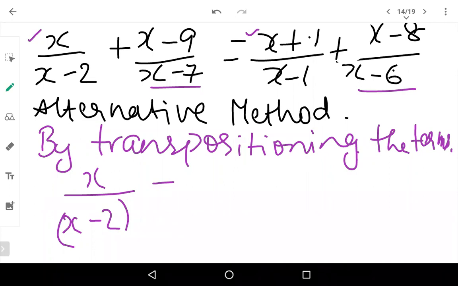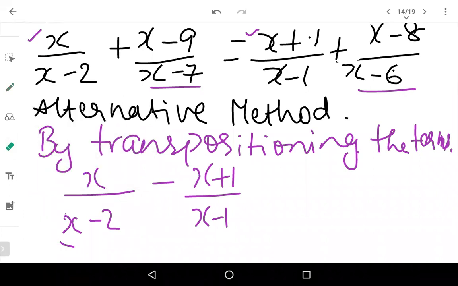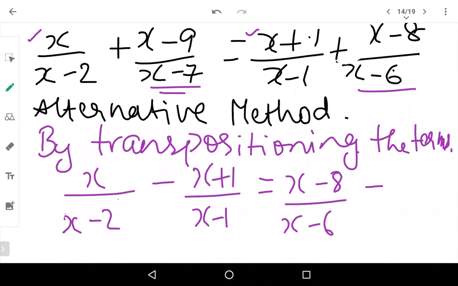So minus x plus 1 by x minus 1 is equal to x minus 8 by x minus 6 minus, I'm getting this x minus 9 and x minus 7 to the other side. So minus x minus 9 by x minus 7.